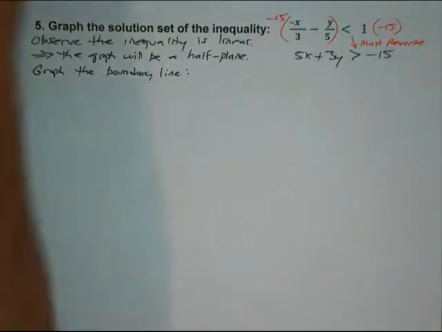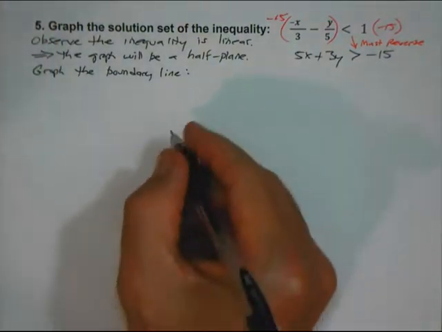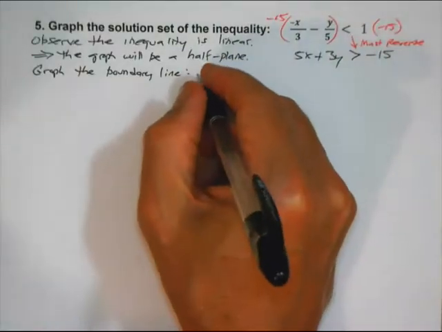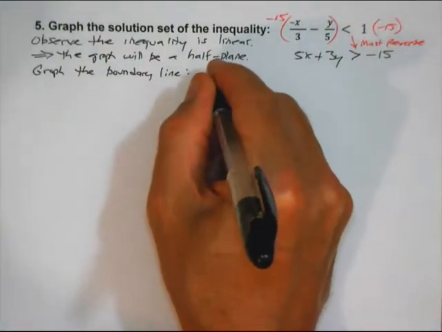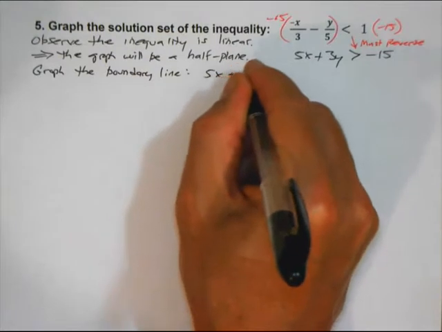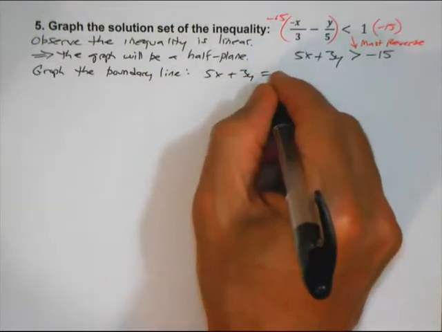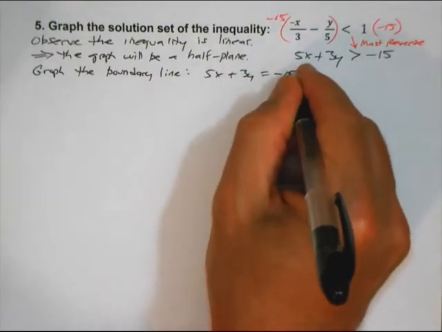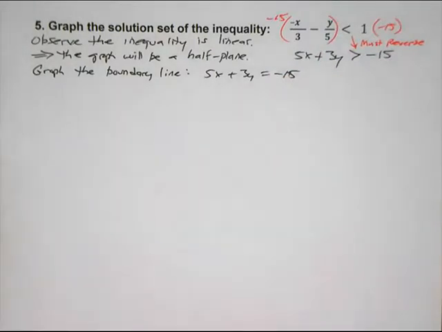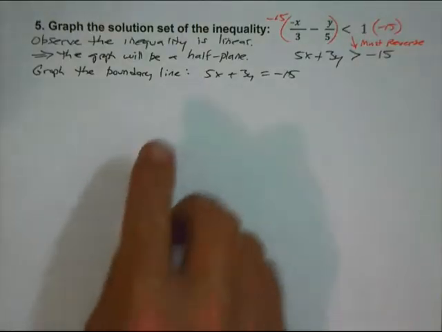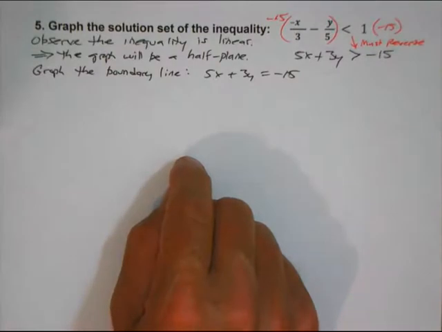Alright, having done that, our boundary line can now be considered to be the line whose equation is 5x plus 3y equals negative 15. For graphing this, let's see what coordinate system we can work with.